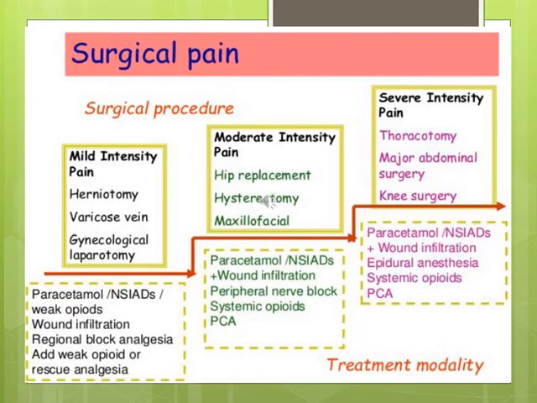Now we are talking about post-operative surgical pain. This can be divided into mild intensity pain, moderate intensity pain, and severe intensity pain. Examples for mild intensity pain: herniotomy surgery, varicose vein, gynecological surgery, laparotomy. This can be treated by paracetamol, non-steroidal anti-inflammatory drugs.